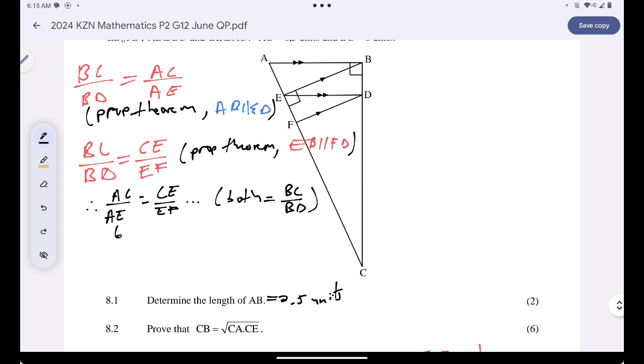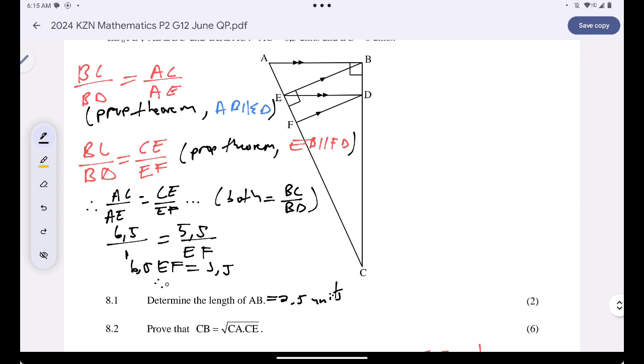I know that AC is 6.5 units, AE is equal to 1, CE I found to be 5.5, and then I can find the length of EF. Together, I can simply say 6.5 multiplied by EF is equal to 5.5.